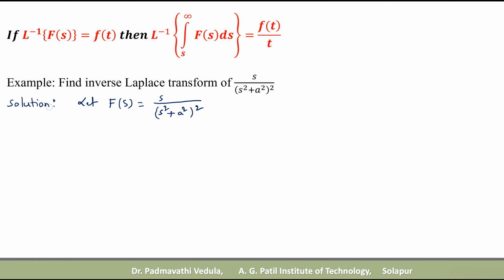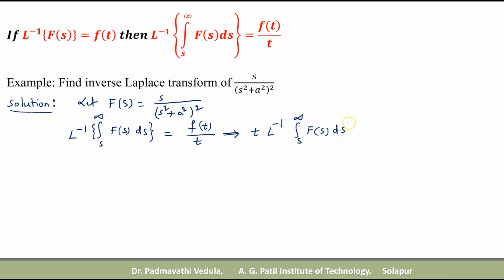Now after considering the given expression as F of s, according to this property, L inverse of integral s to infinity F of s ds equals f of t by t, which implies t into L inverse of integral s to infinity F of s ds equals f of t, right?